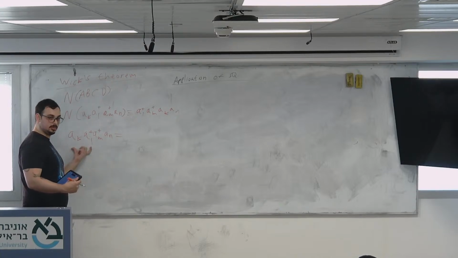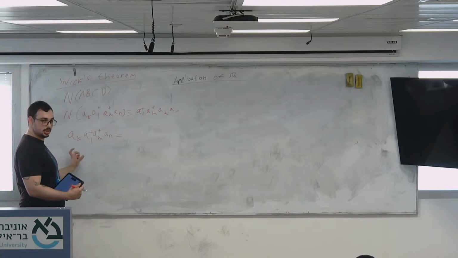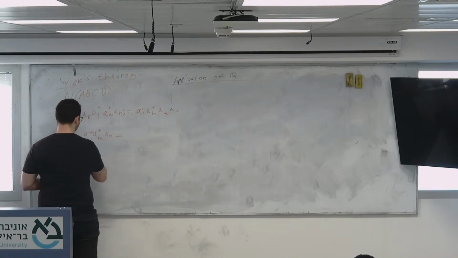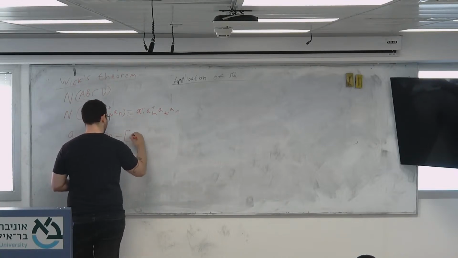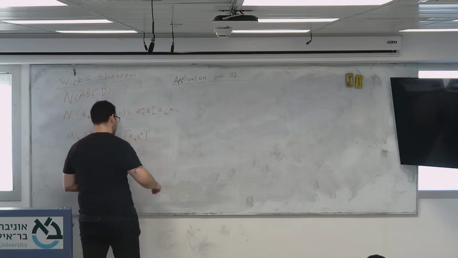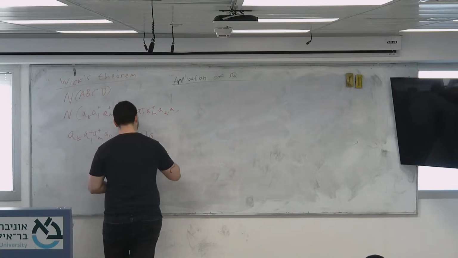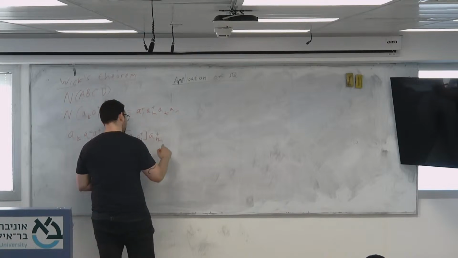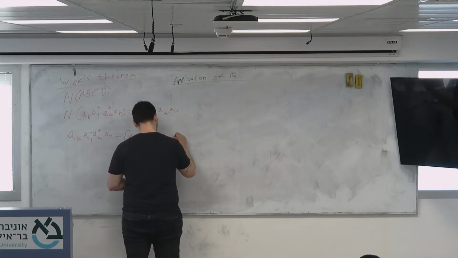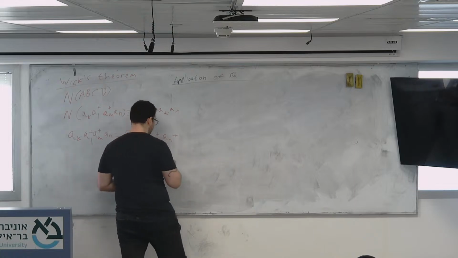I'll start by switching these 2 around. To switch them around, we first have to add a commutator, a_k, a_l. Only bosons in today's class. We do not respect fermions. Plus the switched order.